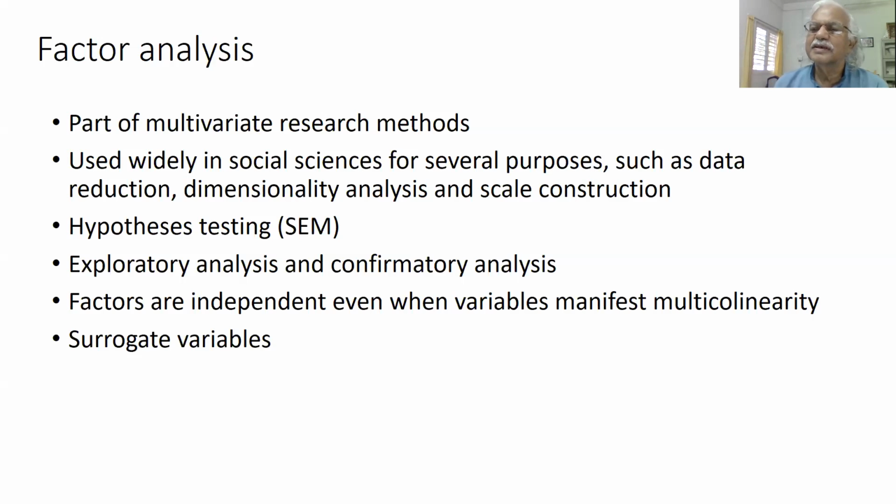So these variables can be called surrogate variables, and then in more advanced applications of multivariate techniques, you can just ignore other variables and work with these surrogate variables only, which are most closely associated with the factors.